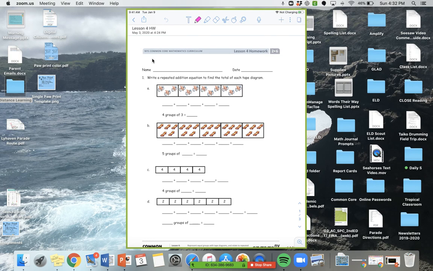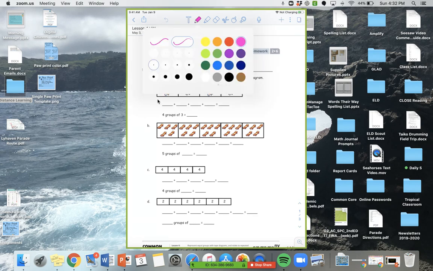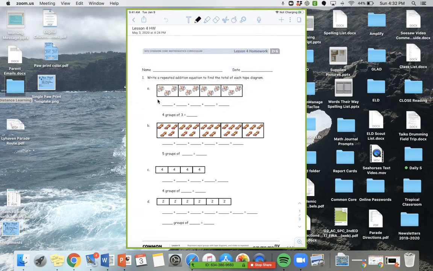This is very similar to what you're going to be doing today on Seesaw. So you're going to have to look at the strip diagrams and then write a repeated addition equation to match the strip diagrams. So let's start with question number 1. It says, write a repeated addition equation to find the total of each.